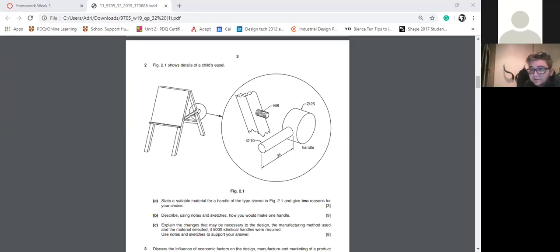Do you see something that says handle and 25 and 35? Yeah. Okay, good. That is the handle bit. Can you see what I'm circling? Did you see what I was circling? No. Okay, let's try something else.